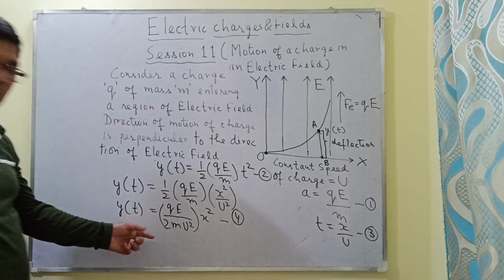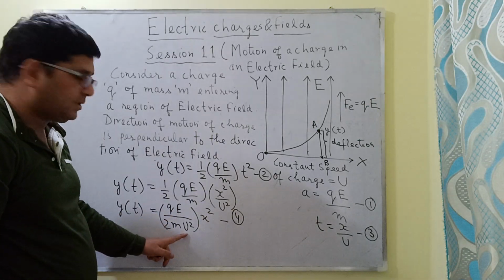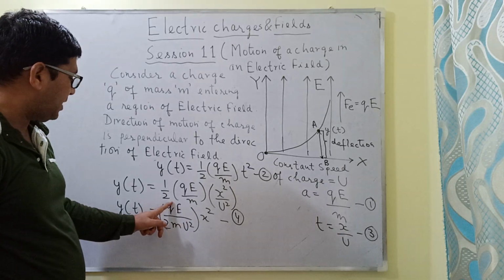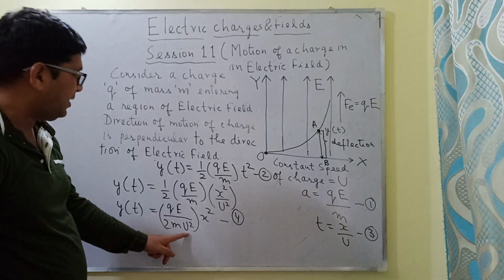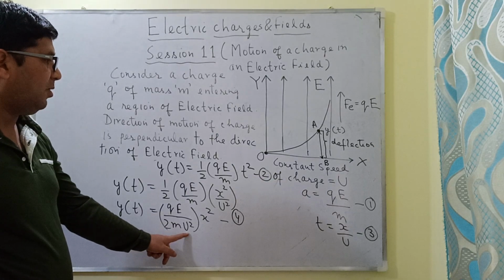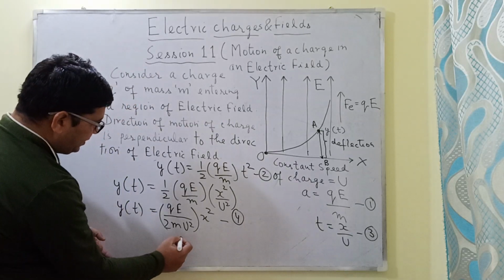Now from equation number 4, you can see that q into e divided by 2m u square is a constant, because q, the magnitude of the charge, is constant, the intensity of the electric field is also constant, the mass is also constant, and u is the constant speed along the x-axis. So this is a constant value.